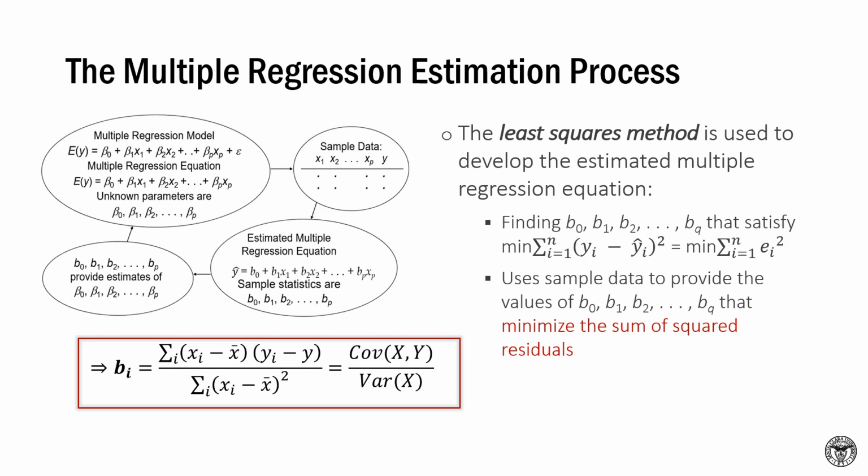Due to the computational complexity involved, we generally depend on computer software packages to derive the estimated regression equation and establish the regression coefficients b0, b1, b2 to bq. As we will be relying on computer software packages for these calculations, the emphasis in this module will be placed on interpreting the computer output rather than performing the multiple regression computations.